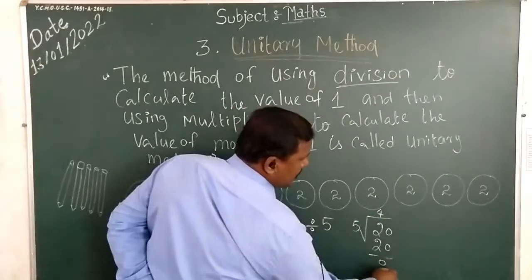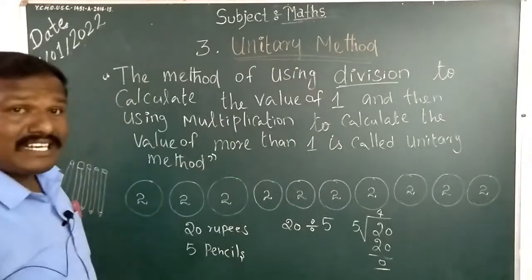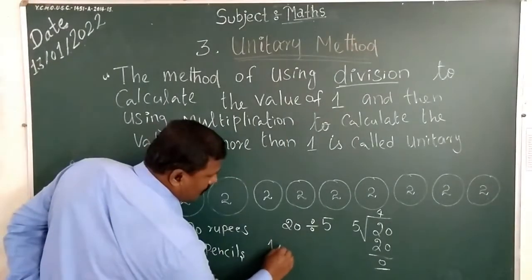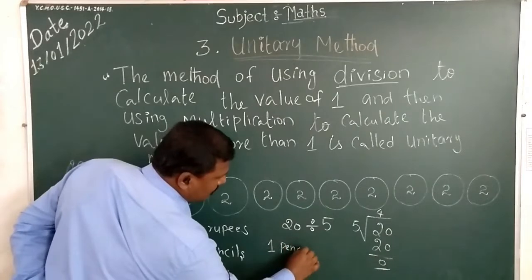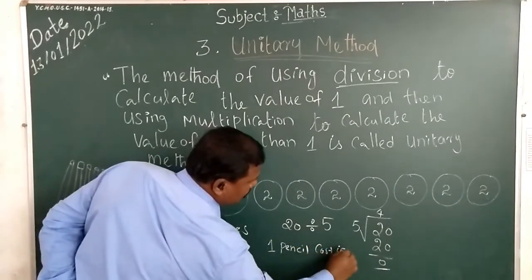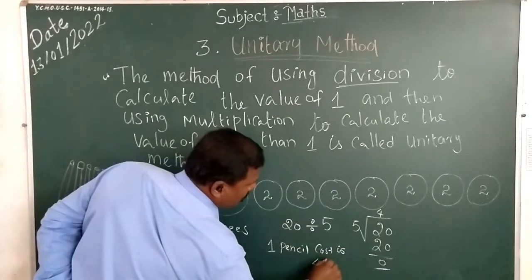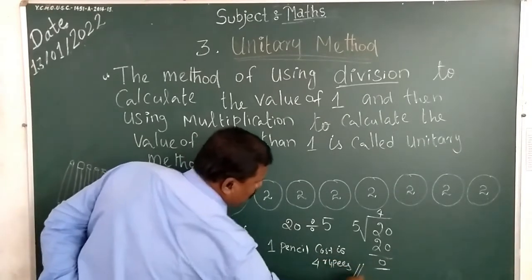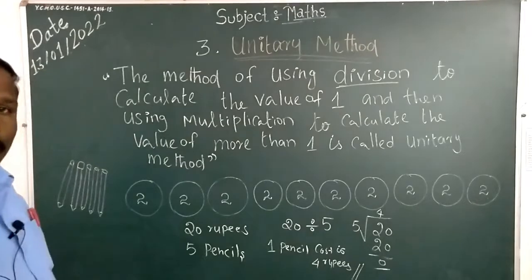It means 1 pencil cost is 4 rupees. 1 pencil cost is 4 rupees.